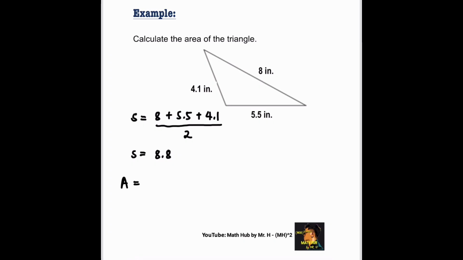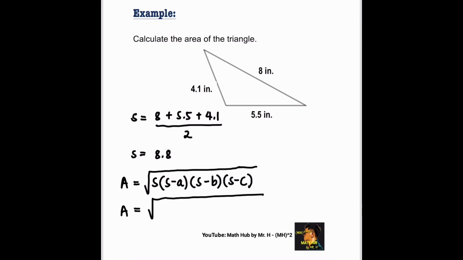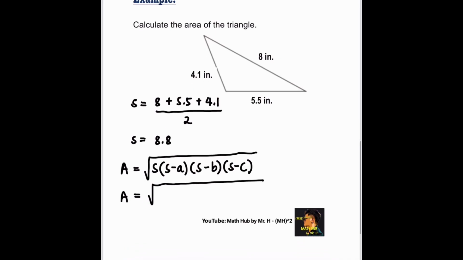To find the area, we'll use area equals, and then we plug in the values. So square root of S, or the semi-perimeter, 8.8, times 8.8 minus 8, times 8.8 minus 5.5, times 8.8 minus 4.1.